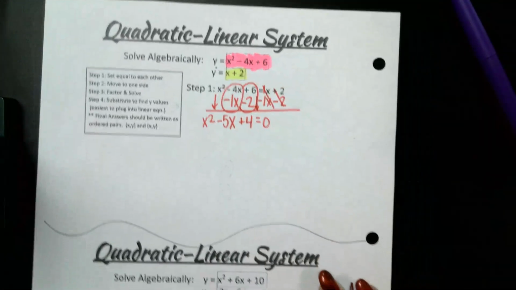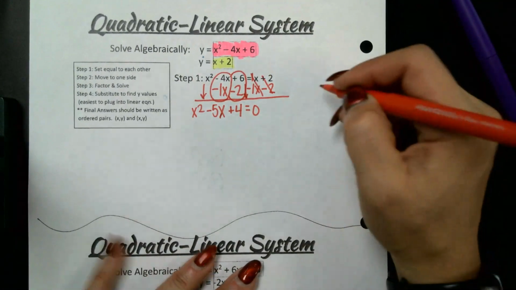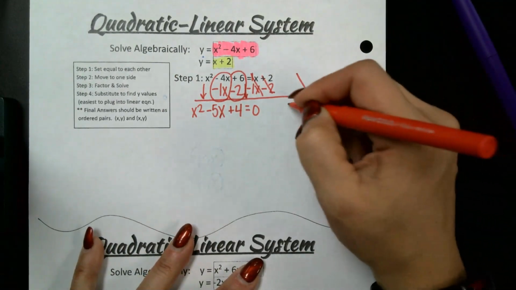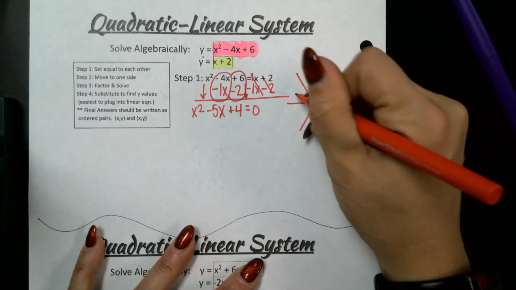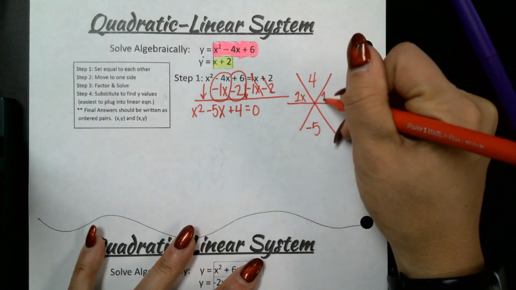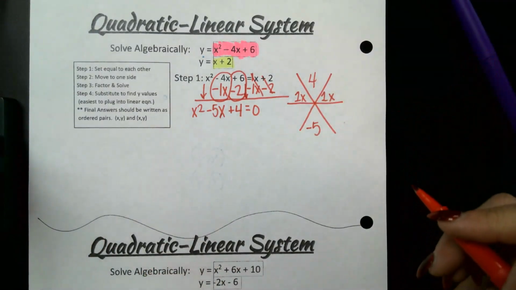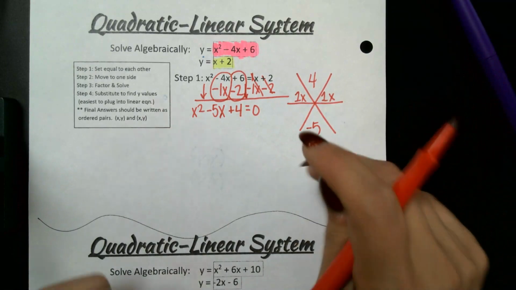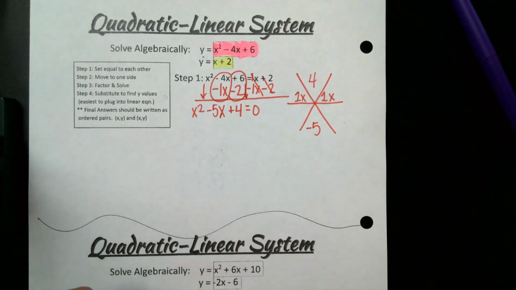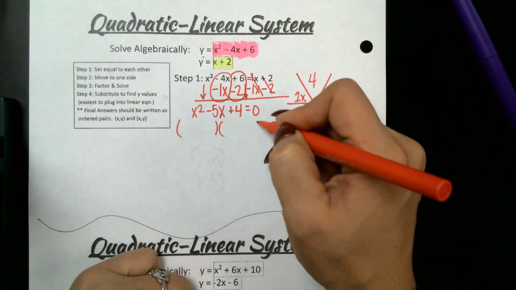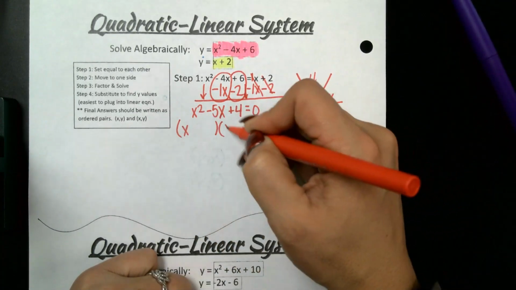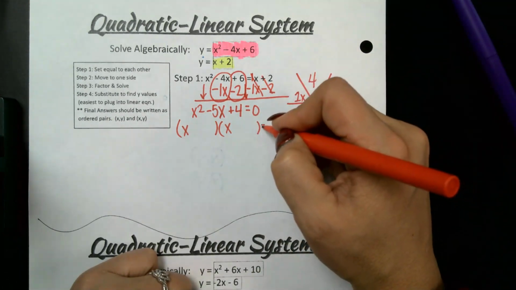It's time for your asterisk. Four and -5 is what we're trying to make. What and what? -1 and -4?